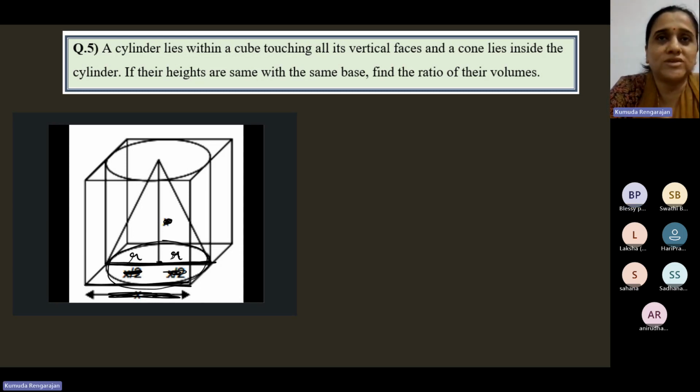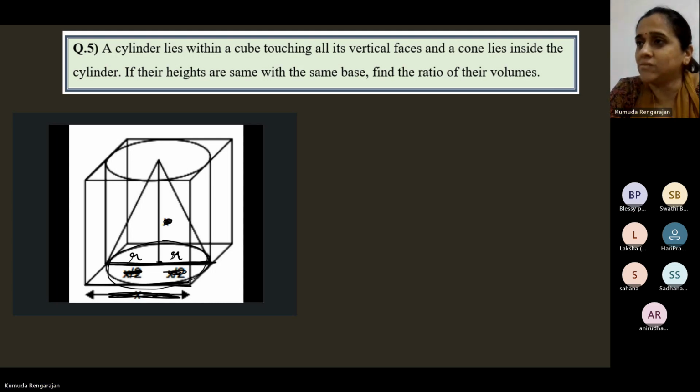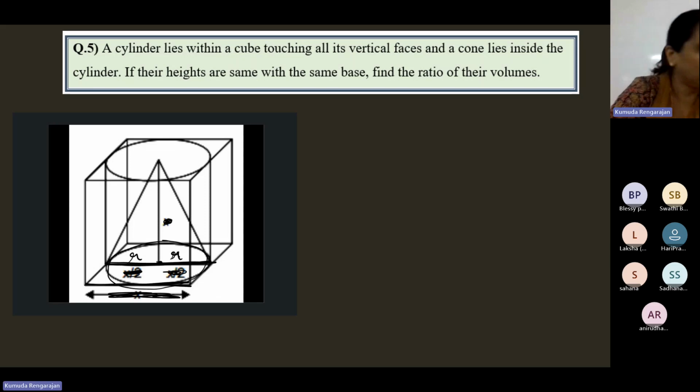Okay, I think you mean to say that in a cube, the length, breadth, and height all are the same. Is that what you're trying to say? Yes, ma'am. In a cube, LBH all are the same. So if the edge of the cube is 2r, the height of the cube also will be 2r, no?